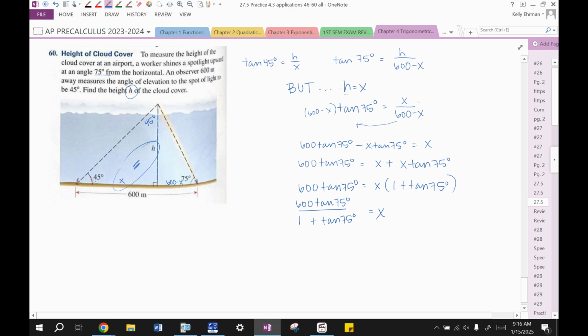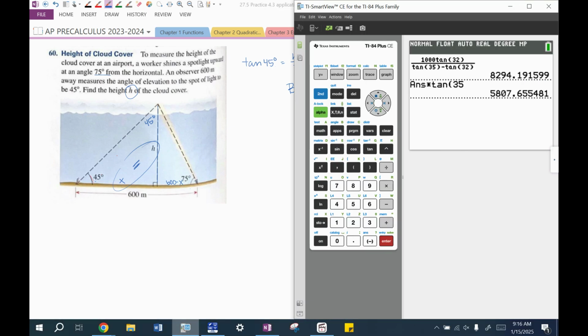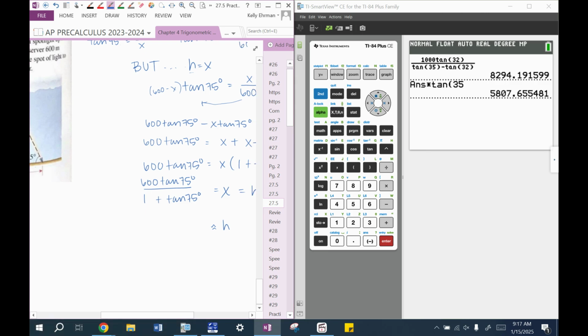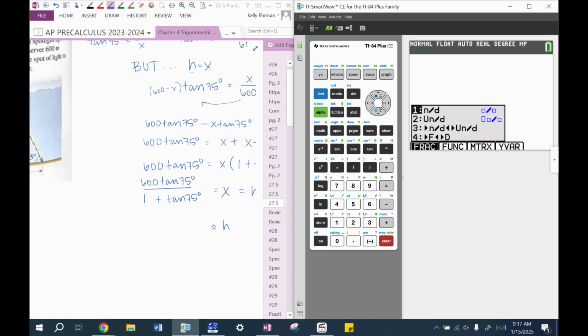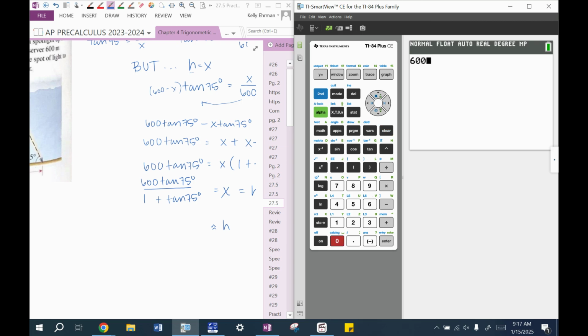Normally I'd have to go back and say, but what is h? But remember, x is equal to h. So whatever I get for this is my answer for h. So let's see. If you're not putting things in a fraction, here's how you would type it in, because I know not all of you can easily find that in your calculator.